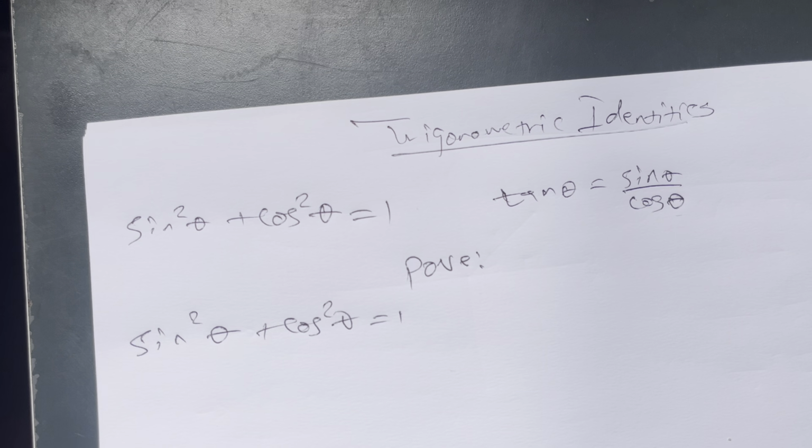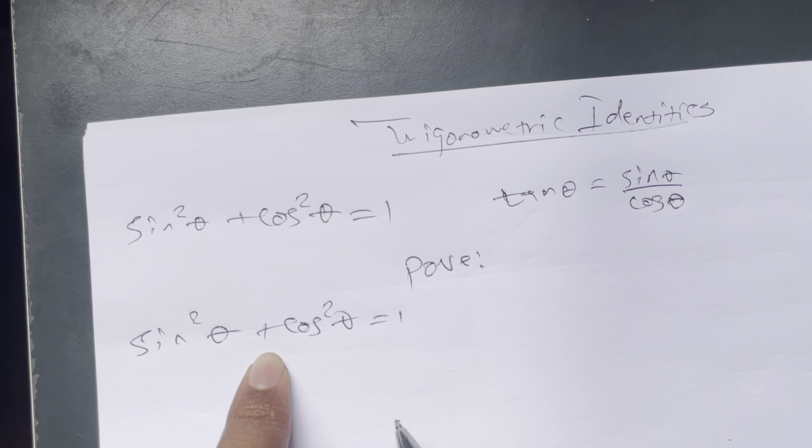When you are proving, proving is the idea of showing that this side, maybe the left hand side, equals the right hand side by expressing it in that way. So it would normally be you simplifying it to make it the same as the other side.